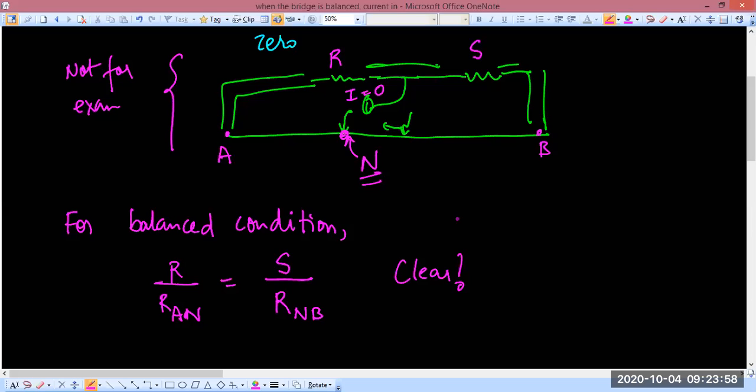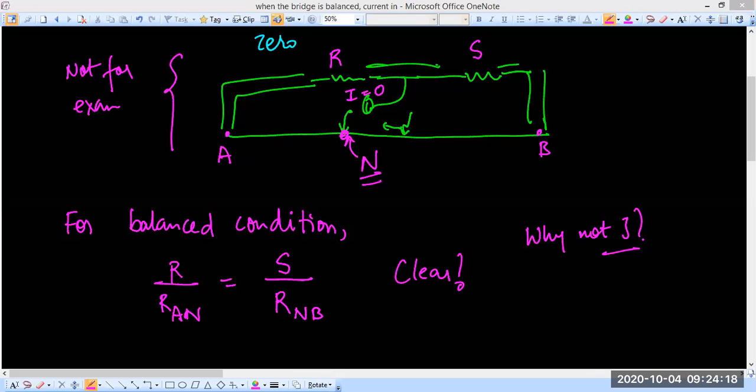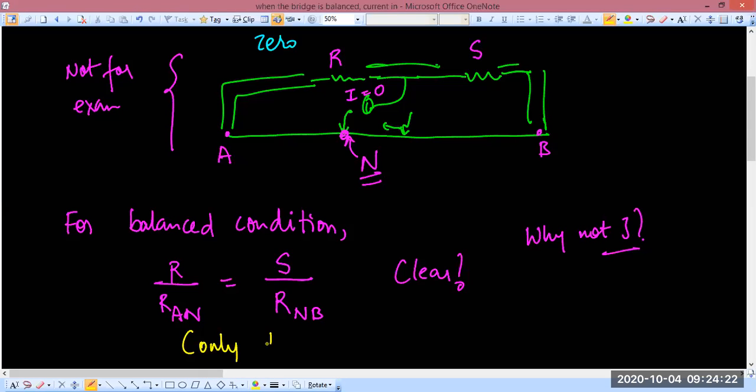Now why did I write N, why not J? I'm asking you, why not J? Why did I not write J? Yes, this relation is only true when the jockey is at null point.